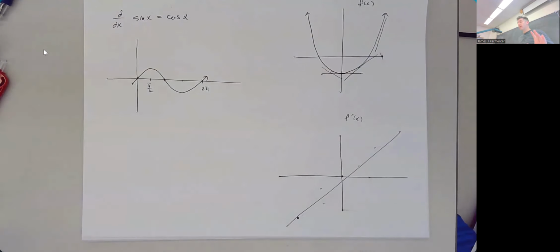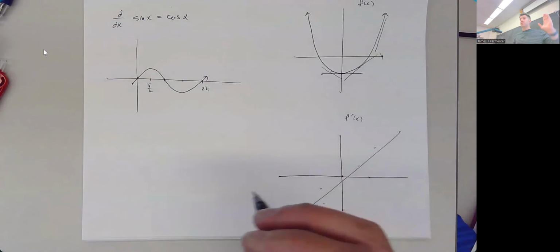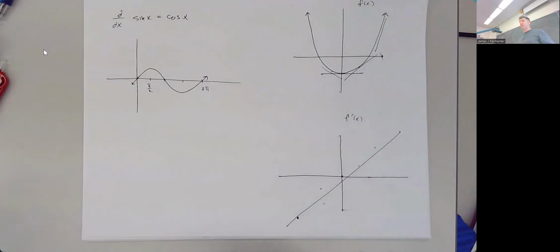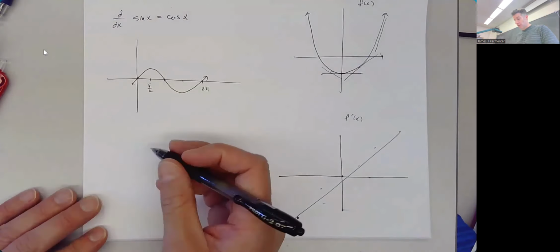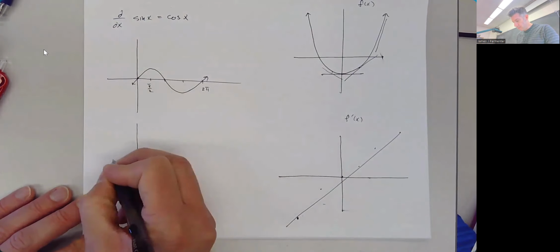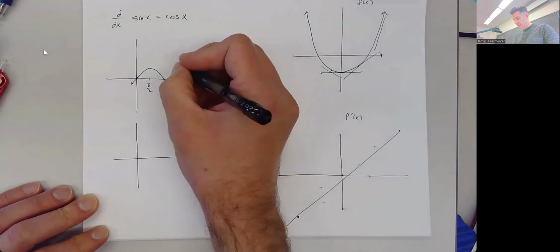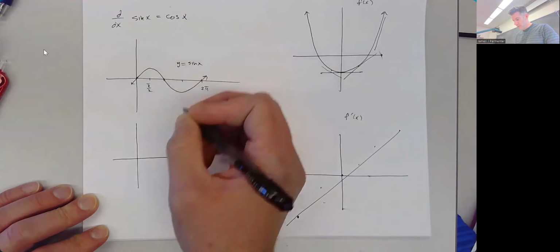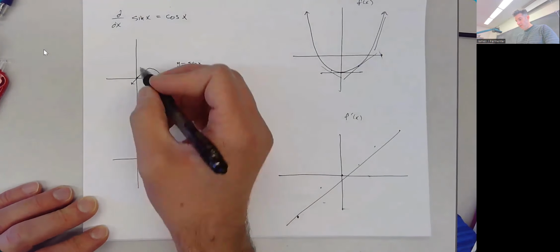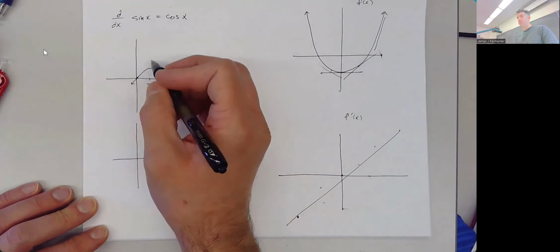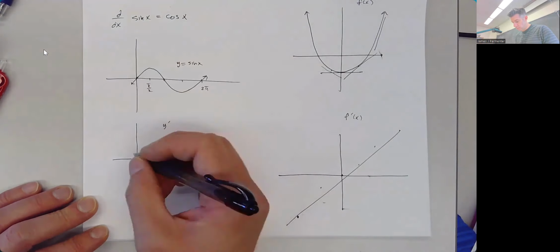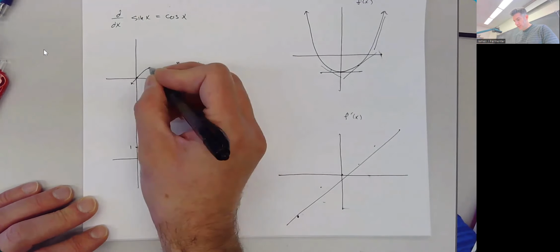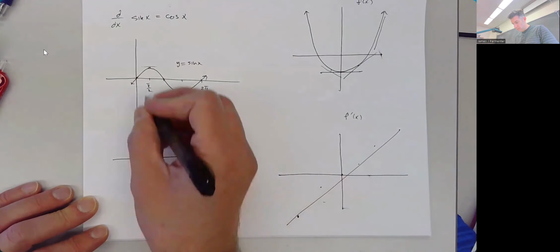Anyway, the point is we can look at the original function and think about the value of the slope of the tangent line to guess what the graph of the derivative would look like. And we can do the same thing for sine and cosine. If I think about this being sine, the slope of the tangent line right there is actually 1. The slope of the tangent line here is 0.